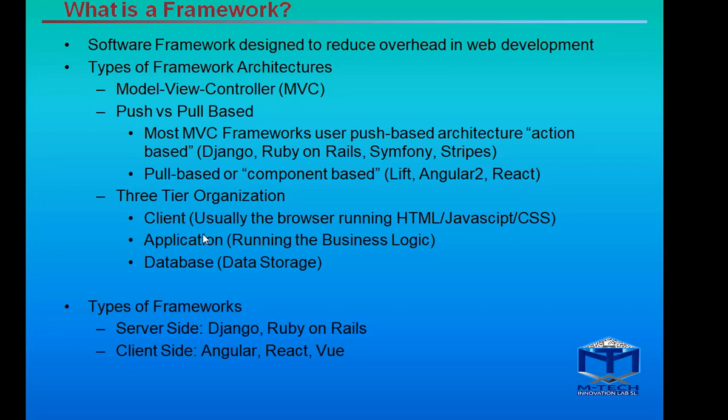Type organization: the client is only the browser you're running, with HTML, JavaScript and CSS. Then the application running the business logic, and the database for data storage. These are the three tiers that happen in any application you see. When you go online and visit the browser, for example you want to log in, you can log in or create your account, but what you see is just interacting with the client.